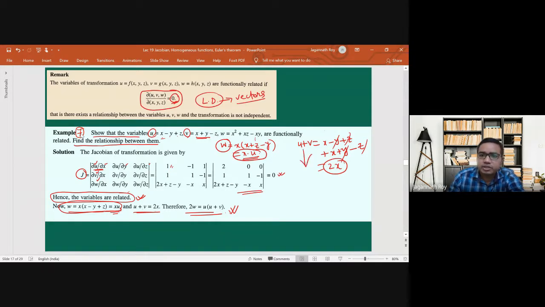Now we are getting u plus v equals 2x and w equals xu. So from these two equations we are getting this. This is how we can find the relation between u, v and w.